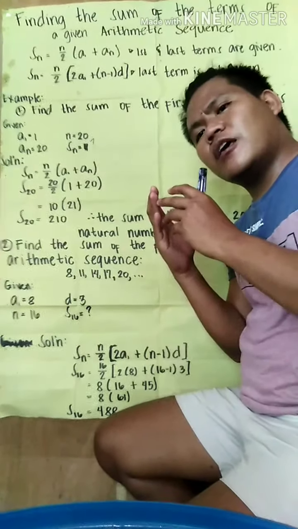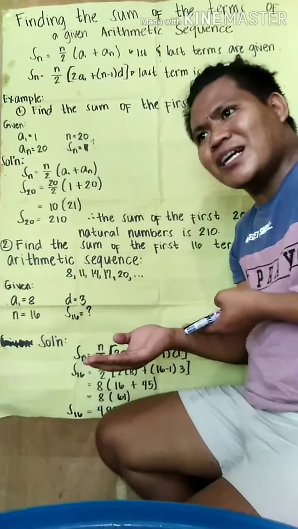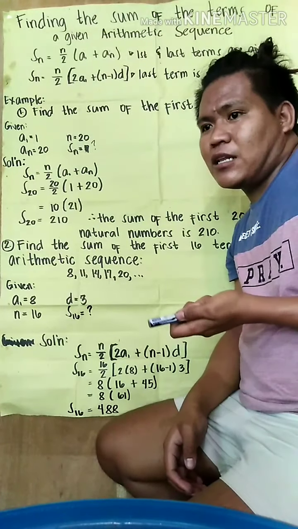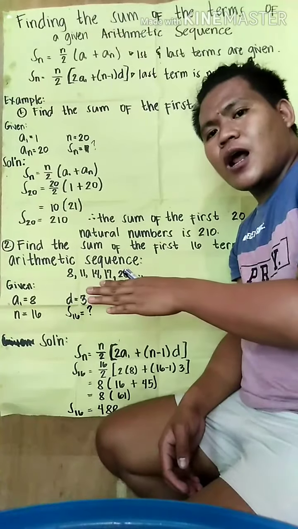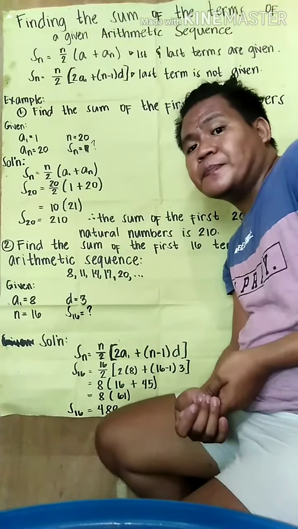If you are not satisfied with our solution, you can just add 1 plus 2 plus 3 plus 4 up to 20 and check if our answer is equal to 210.